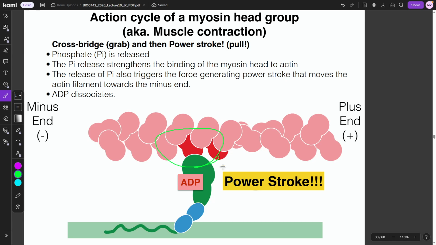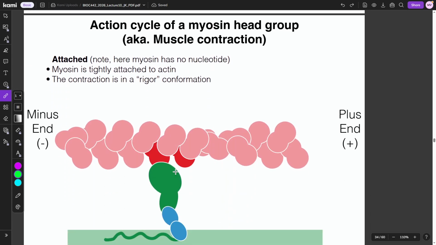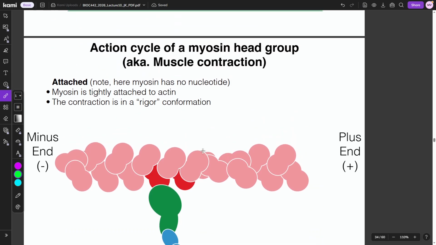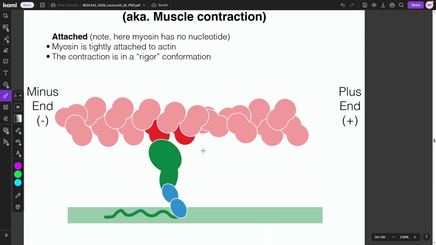And so what happens is the ADP myosin head binds to the myosin binding site on the actin, and causes a power stroke. So it pulls everything this way. This head shifts this way and pulls the entire actin with it, like this. When it does that, the ADP is also released at the same time.